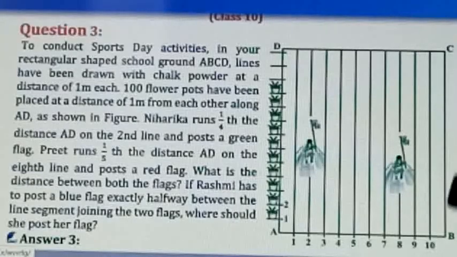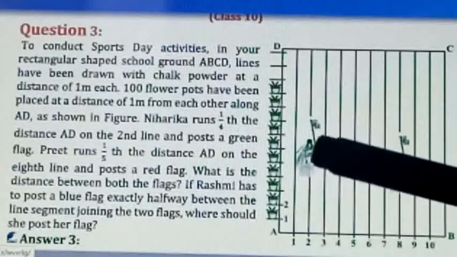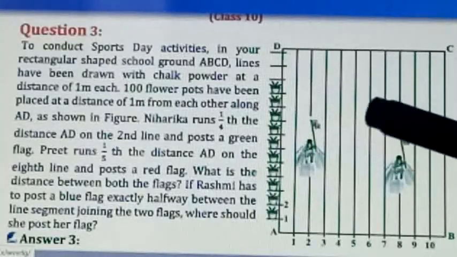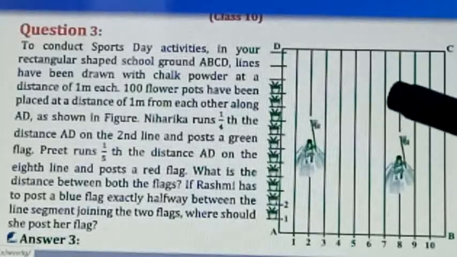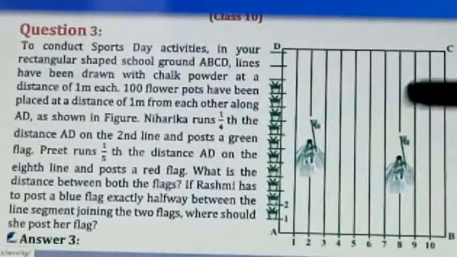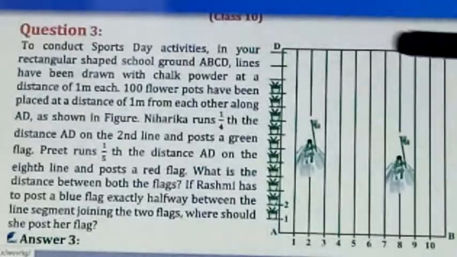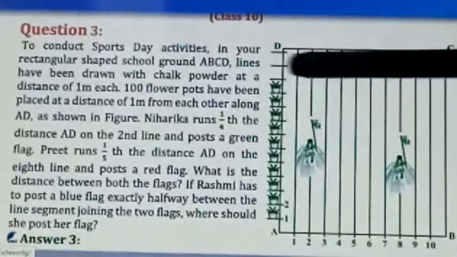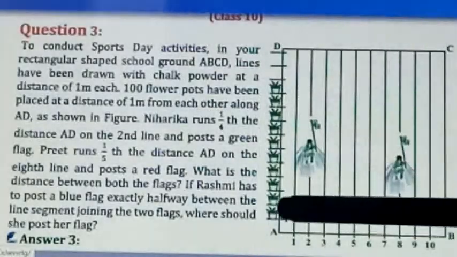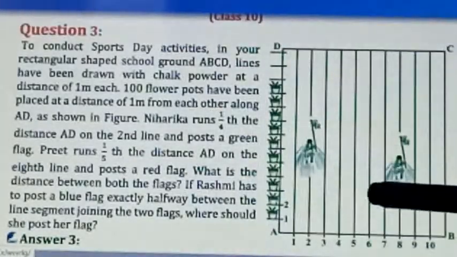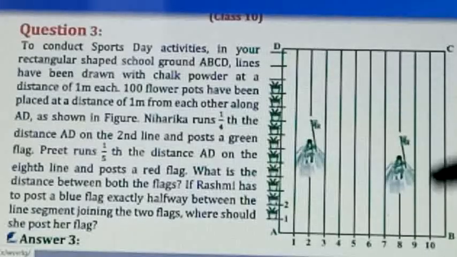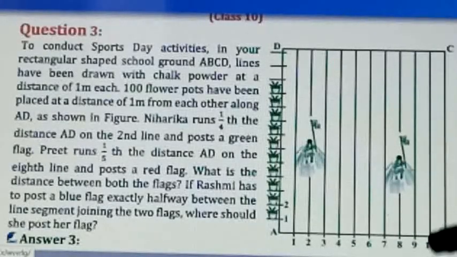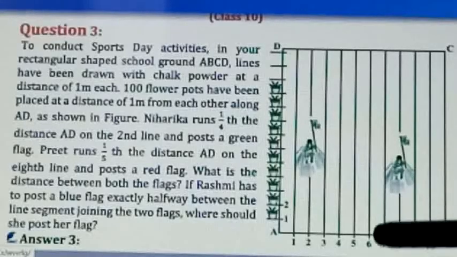Suppose in your school you are conducting sports day activities. Your school ground is in the shape of a rectangle as shown in the figure, ABCD. Now, in this rectangular field ABCD, lines have been drawn with chalk powder at a distance of 1 meter each.